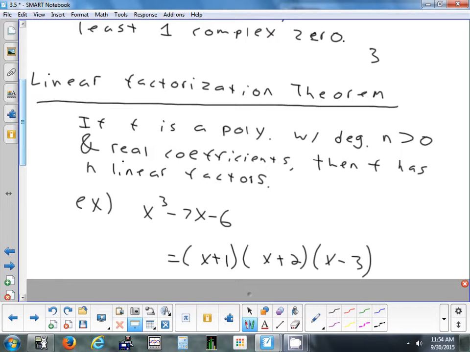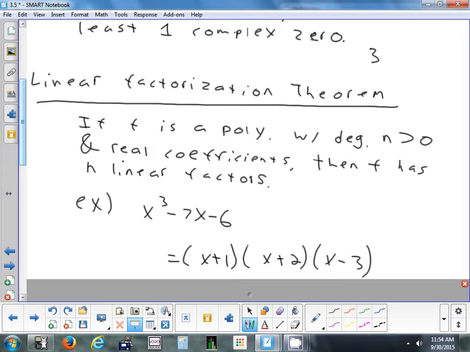So here's an example. This is a cubic, and it factors into 3 sets of parentheses. How would you do that on your own? If I gave that to you on a test and I asked you to factor this, I just wrote factor. It does come out very nice.